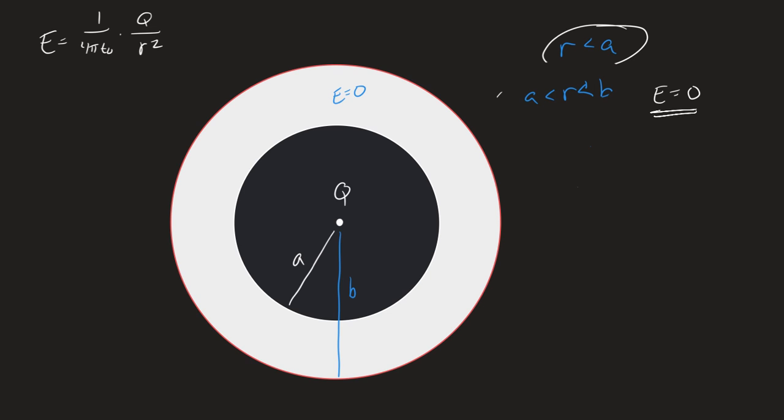For the electric field to be 0 in this range, that suggests I probably would have used a Gaussian surface that is, I don't know, somewhere inside the conductor. Does that work?